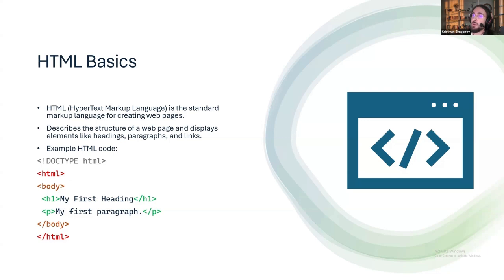Because in HTML, every element has a meaning and a function. The paragraph is going to show as a paragraph, and the P can't be used for anything else. The H1 is a big heading, like the one we see here with HTML basics.